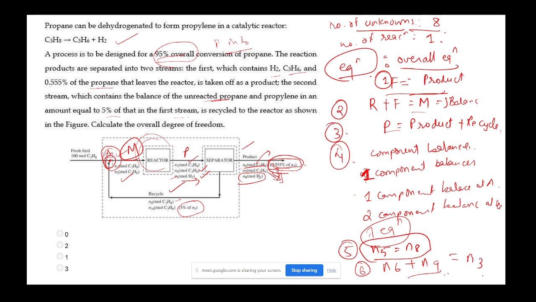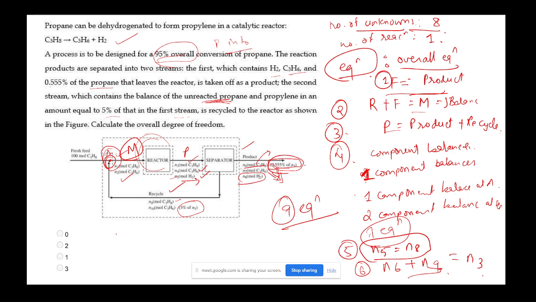Okay, so this is also given because it is said that it contains the unreacted propane. So it will be the rest. So that component balance can also be written. Based on this, you have 9 equations.